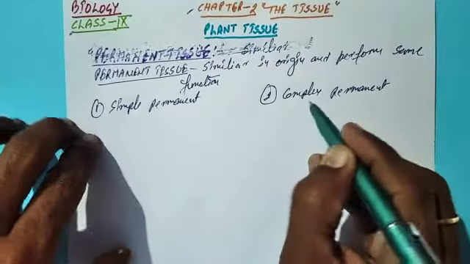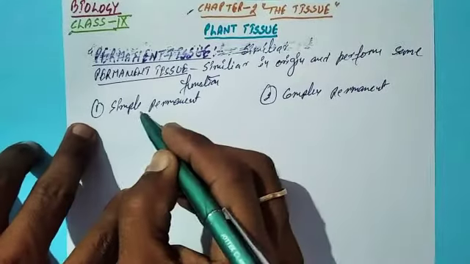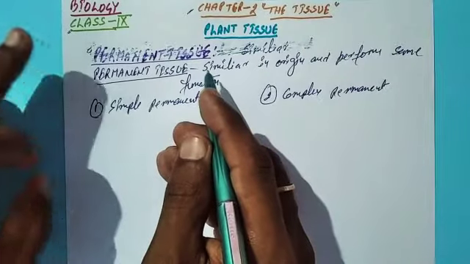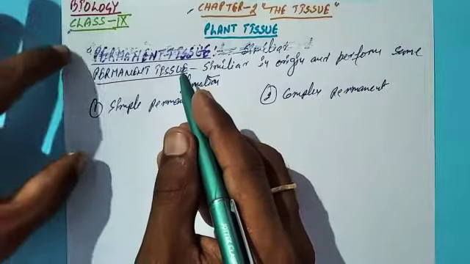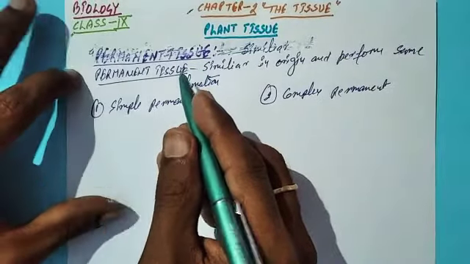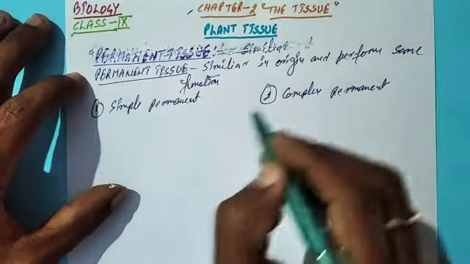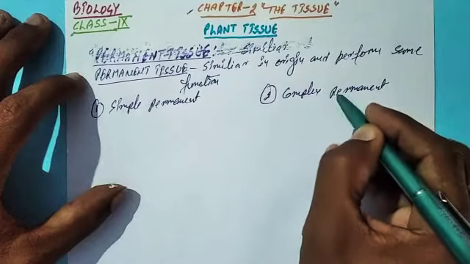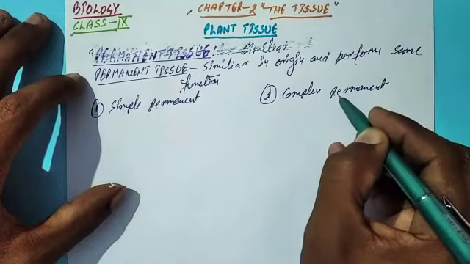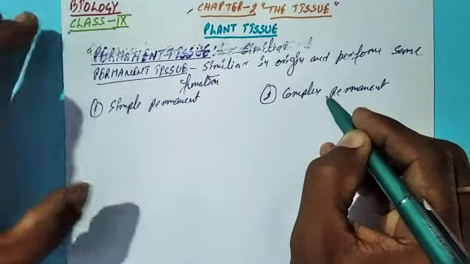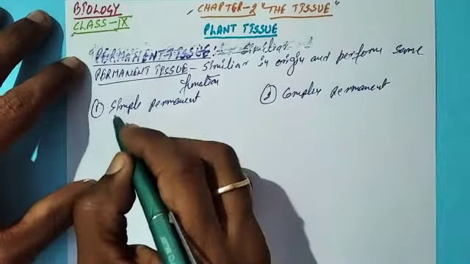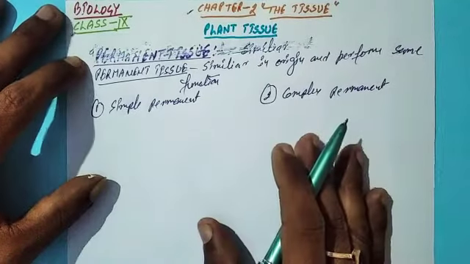Why are they divided into categories? Because simple permanent tissue has only one type of cell and does not have different types of structure. In comparison, complex permanent tissue has different types of structure and different types of cells. So let us start with simple permanent tissue.